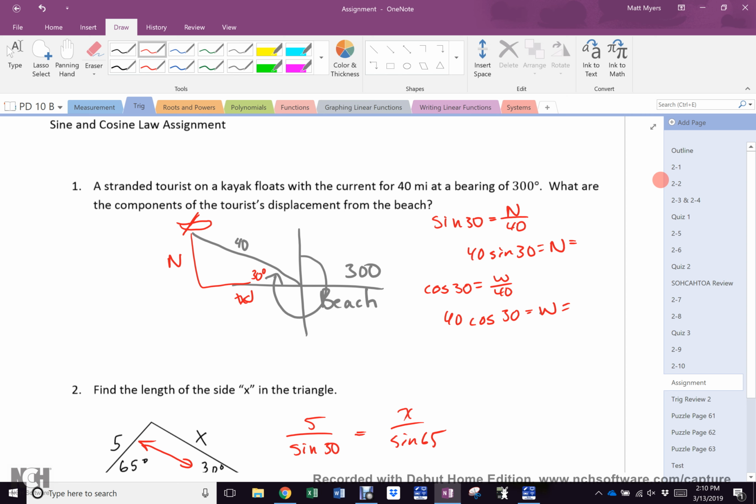If you don't know how to write it out, you won't punch it into your calculator right, and you will get the wrong answer. So, there is the first question. Check your work. Ask me questions now.